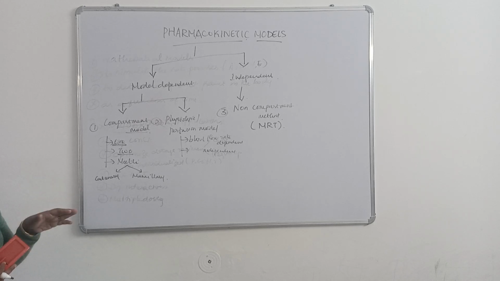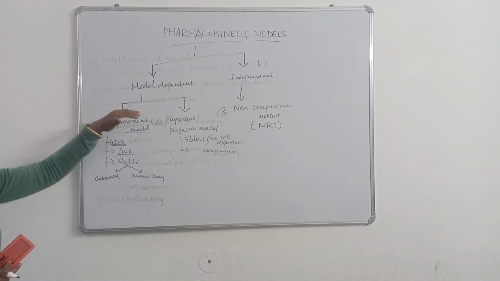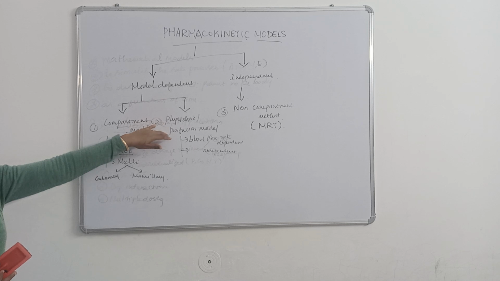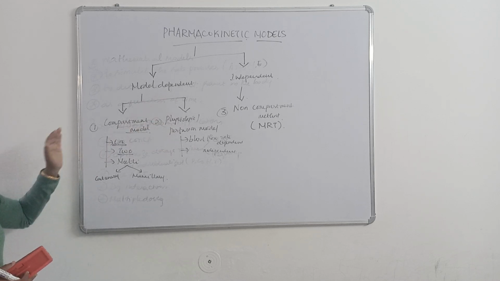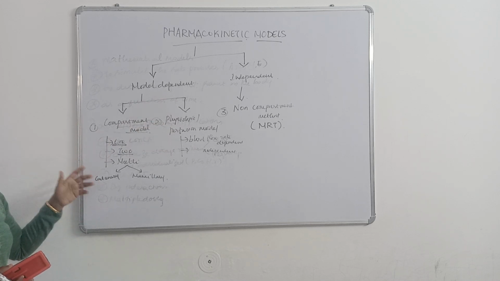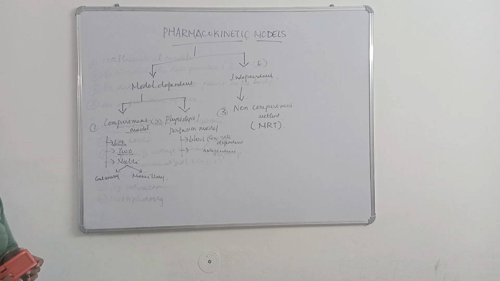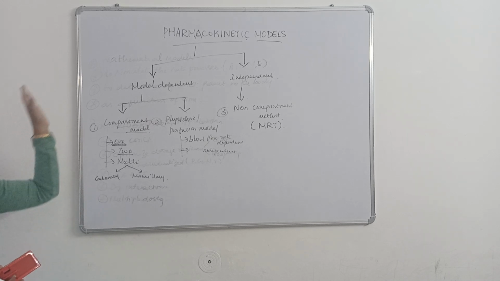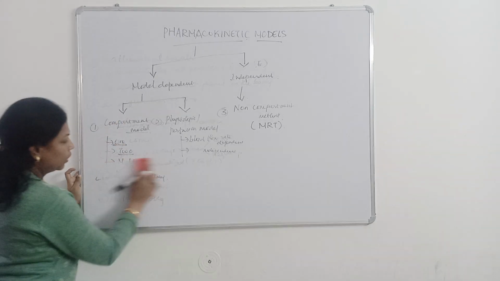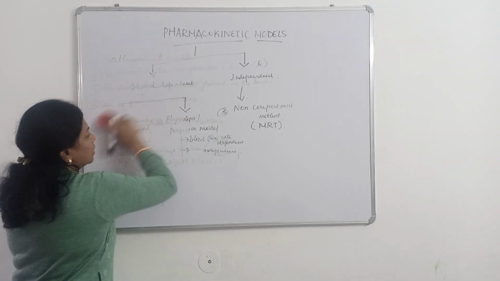One is model dependent, model independent, and compartment, perfusion or physiologic models, non-compartment models, and under compartment they are 1 compartment, 2 compartment, multi-compartment, and multi-compartment is further classified as the catenary model and mammillary model. So if you need to classify, you have to classify like this.